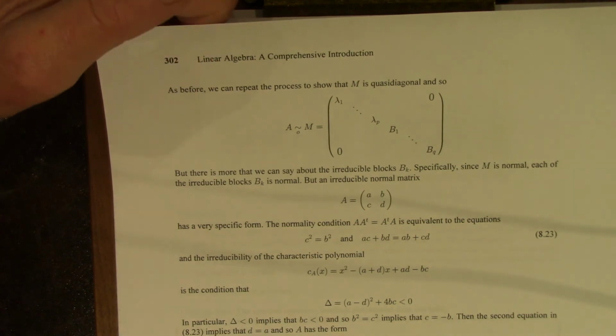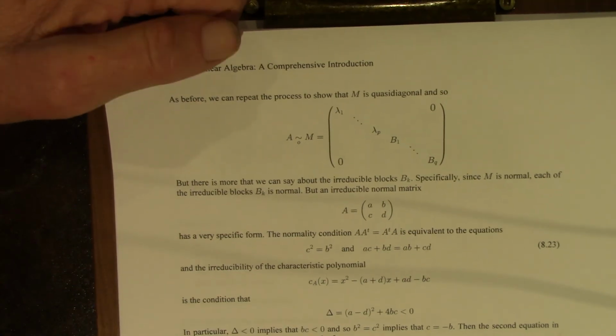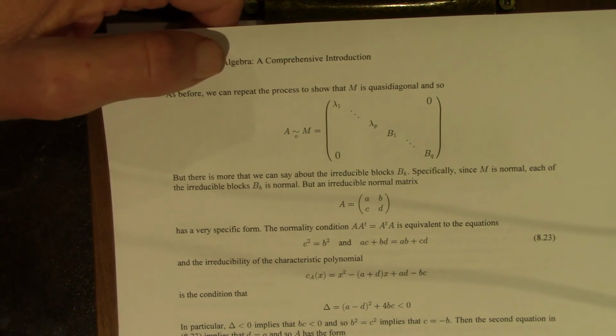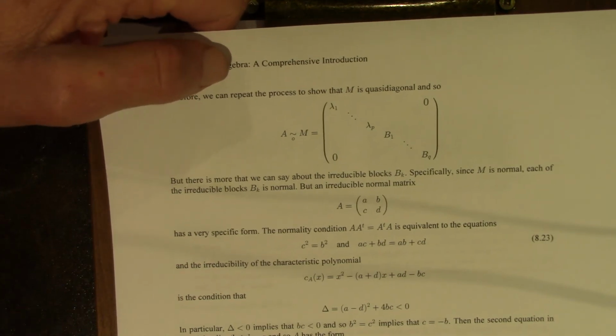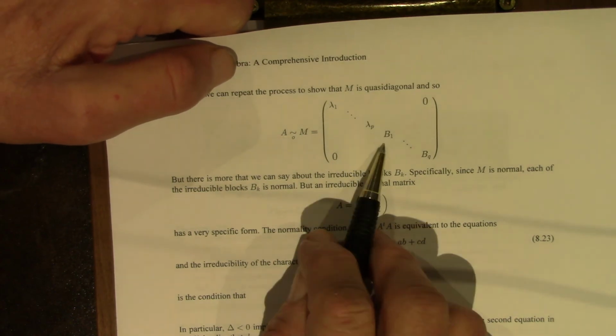So if the matrix M, the upper quasi-triangular matrix M, is normal, it's quasi-diagonal. But there's something else here that's very important. This matrix is also normal.